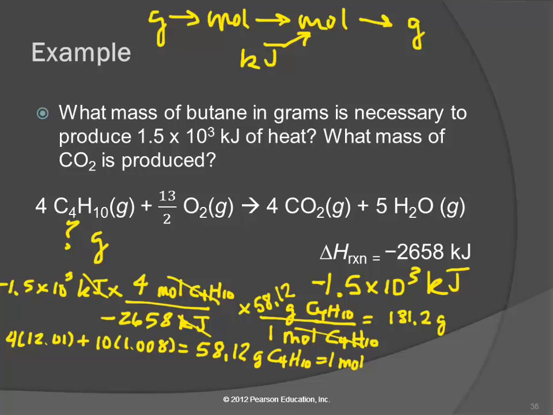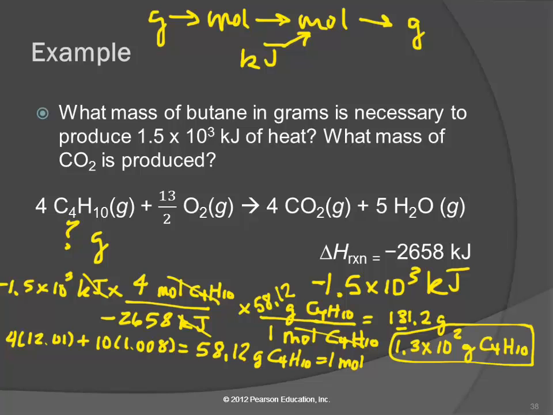The number we started with was that amount of heat, 1.5 times 10 to the third. That only had 2 significant figures, and so that's going to limit our answer. And here we have another situation where we're rounding off to a digit that's to the left of the decimal place. So that's going to be 1.3 times 10 to the 2 grams of butane. When we're careful with those negative signs, they work out okay.